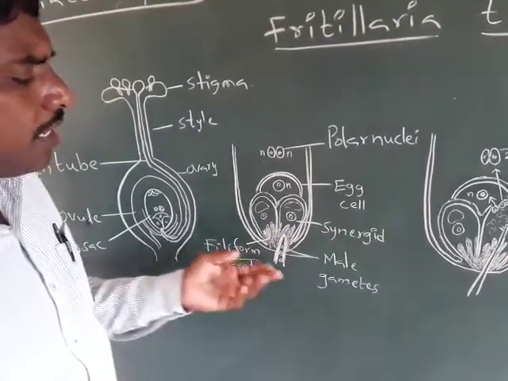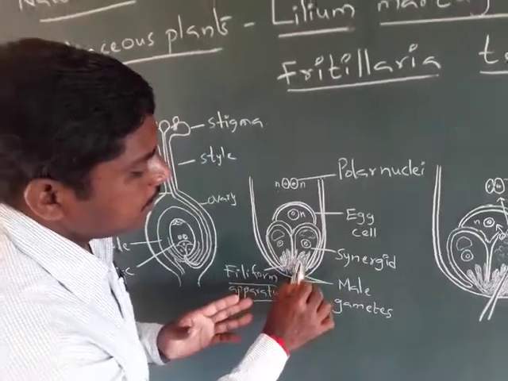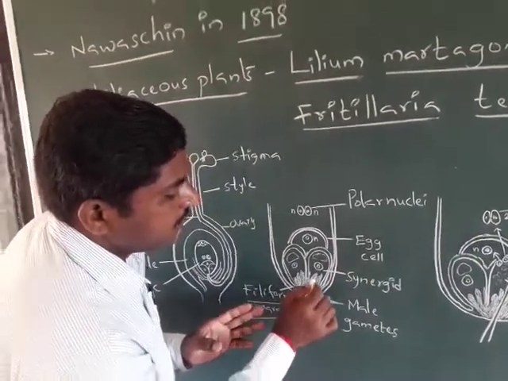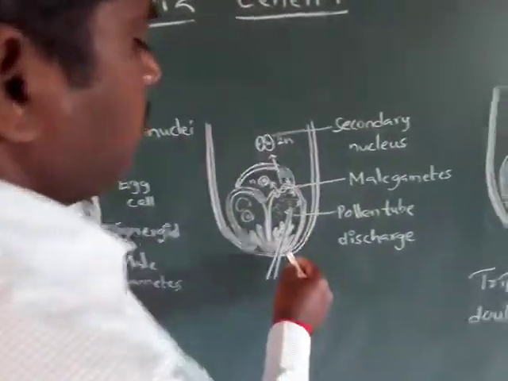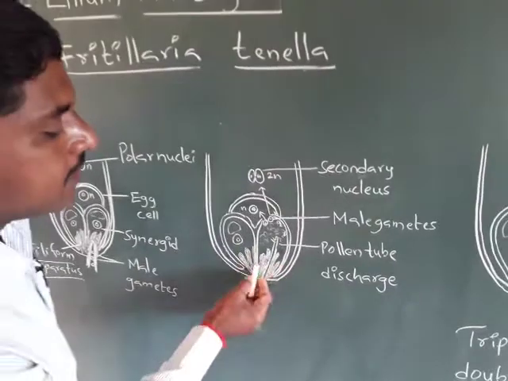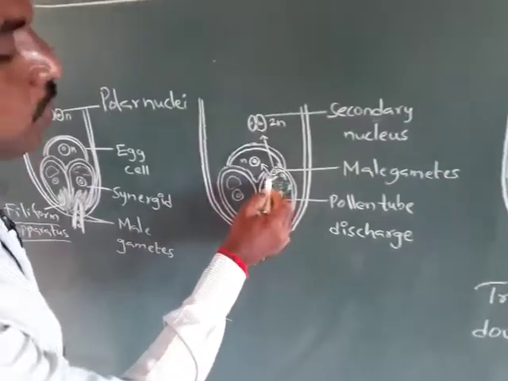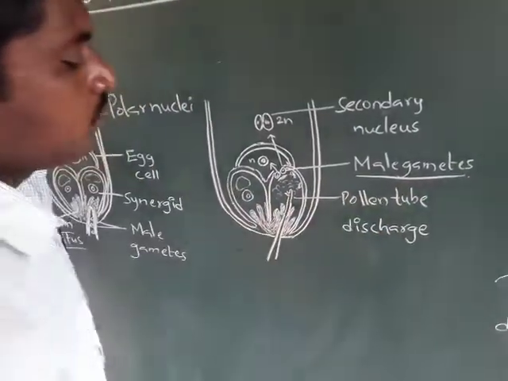After the pollen tube enters the synergid, it releases the two male gametes.